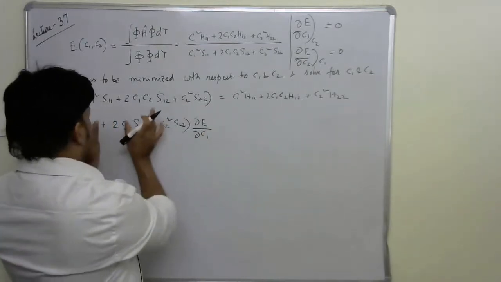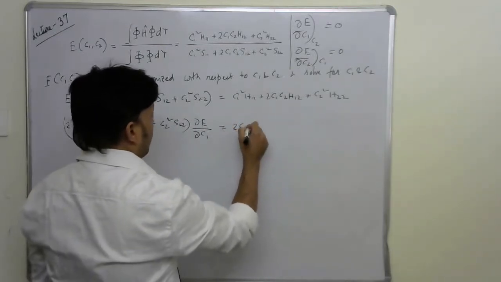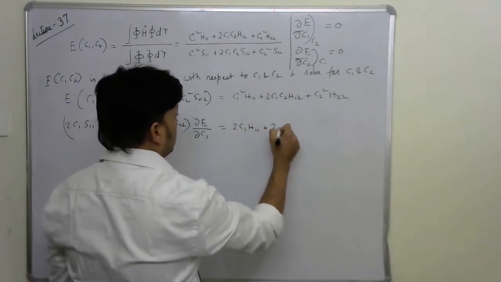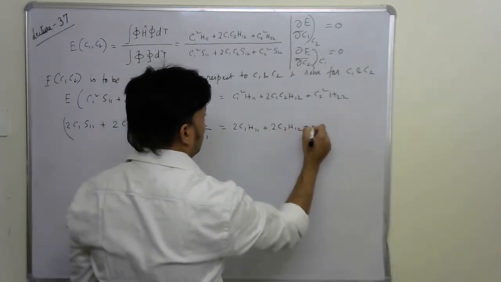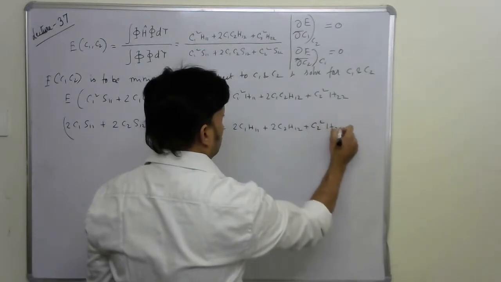So we will now assume that C2 is constant. So again 2C1 H11 plus 2C2 H12 plus C2 square H22.